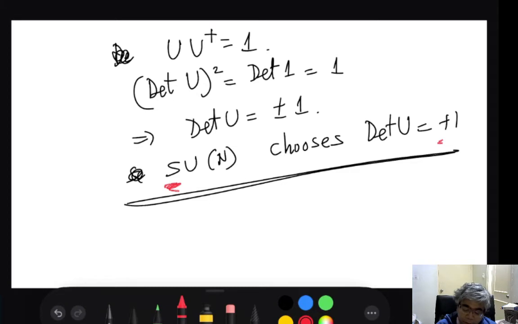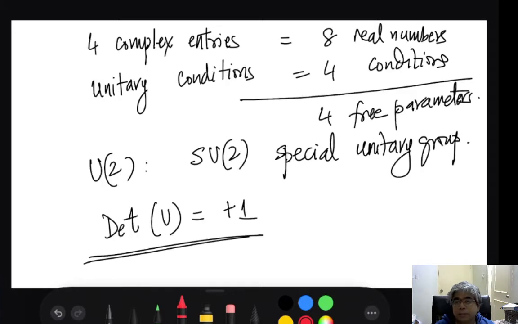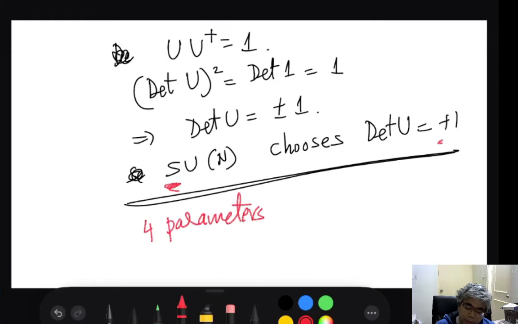This gives me one more condition. So already we have said that there are only 4 free parameters because of the 4 conditions. Now out of the 4 free parameters, you can remove one more through the determinant condition. That gives me only 3 parameters.